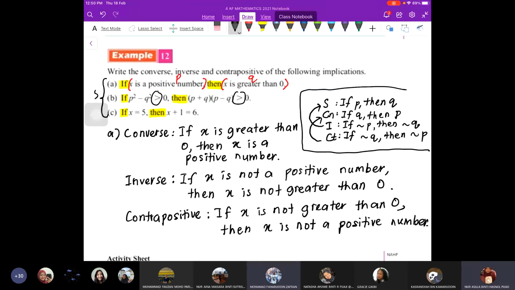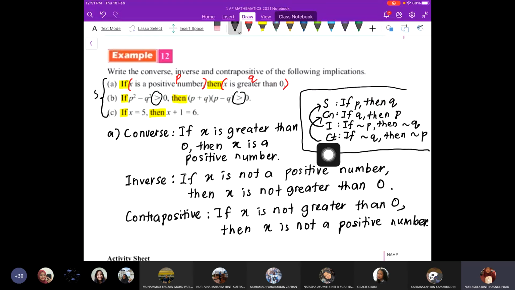Tak, start ayat dia mesti start dengan if. If P square minus Q square greater than 0. Itulah Miss. Tu je, contrapositive. Ya. Okay. That is not a contrapositive. Dan P and Q ni pun salah.